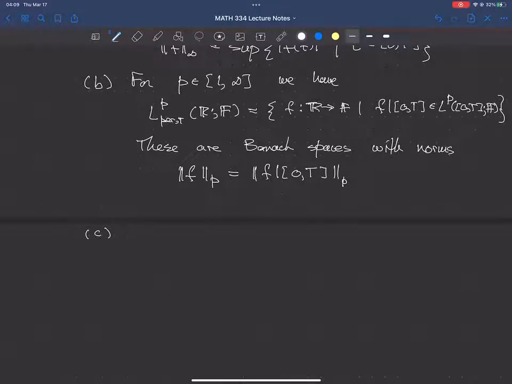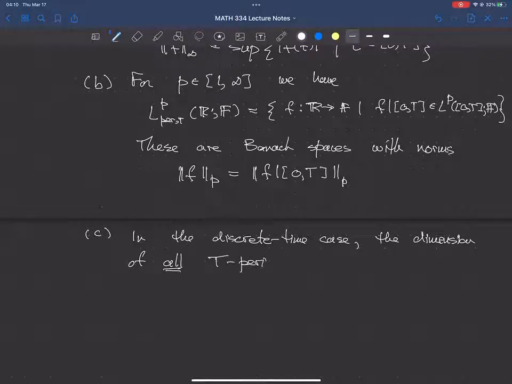But the thing to keep in mind is that because we're talking about periodic things, in the discrete time case, the dimension of all T periodic signals is finite.